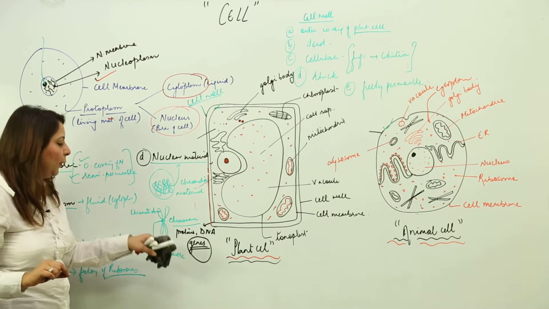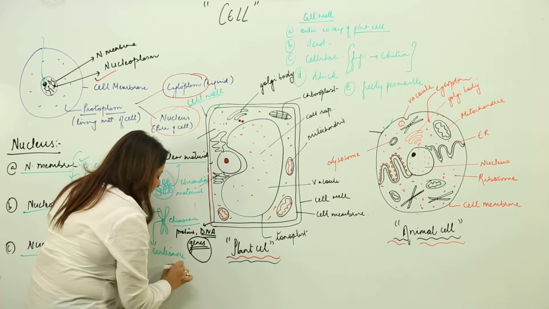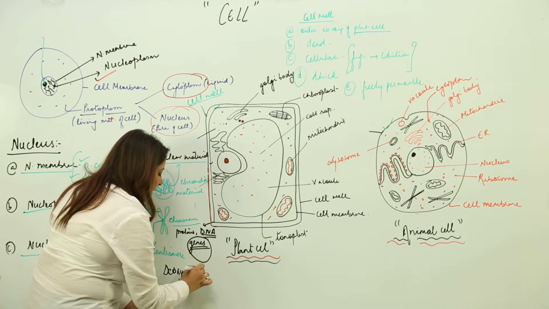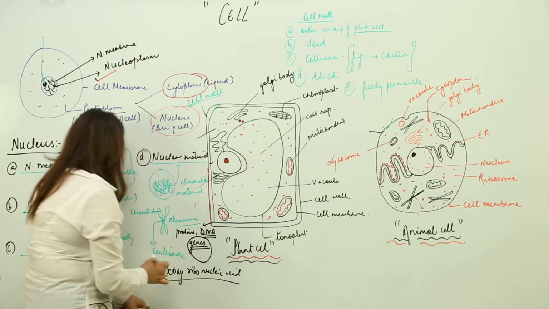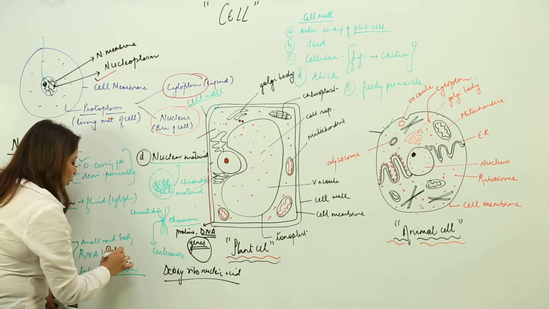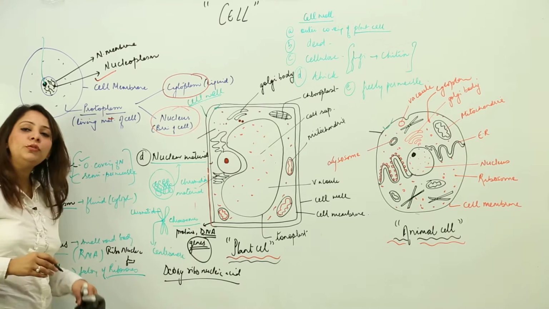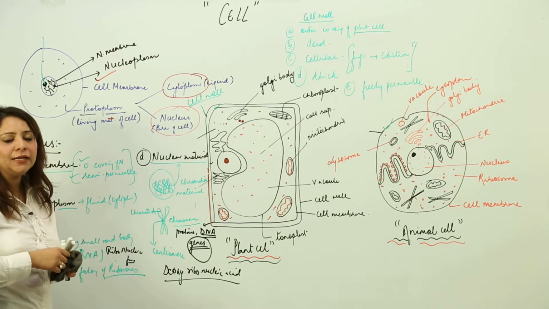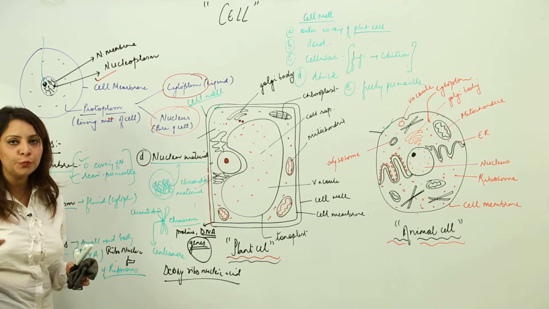Now, what about our genetic material? It is DNA, that is deoxyribonucleic acid, and RNA is ribonucleic acid, the full form. So we have only two types of genetic material, DNA or RNA. Some carry DNA, some carry RNA, depending on the species.